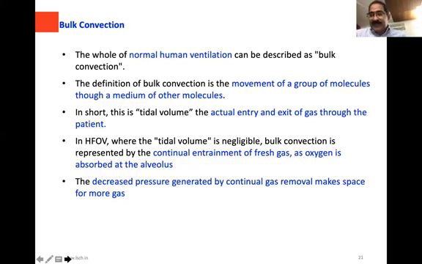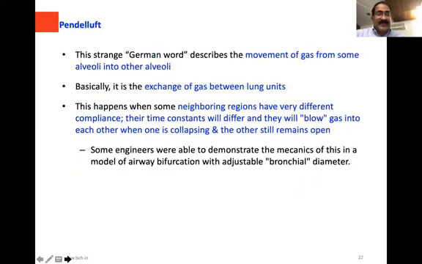In short, this is tidal volume with the actual entry and exit of gas through the patient. In HFO, where the tidal volume is negligible, the bulk convection is represented by continual entrainment of fresh gas. As I've said, the oxygen is absorbed at the alveolus, and the decreased pressure generated by continual gas removal makes space for more gas. Next slide, please.